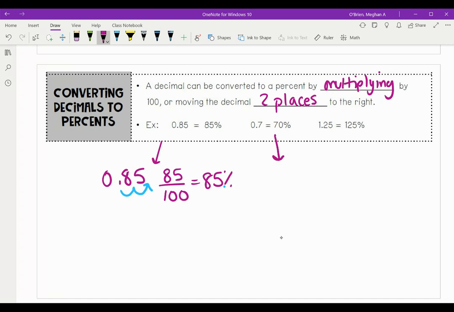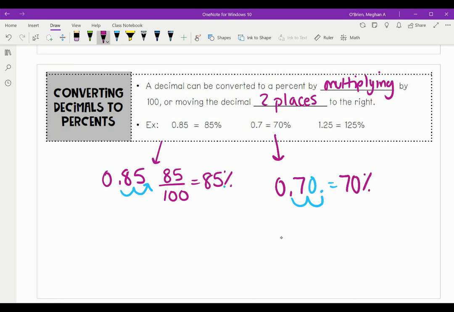Let's try this one. So if I took 7/10 and I multiplied it by 100, I'd move it twice over. I would have that placeholder. I would use a 0 for the placeholder, and that's why it's 70%.